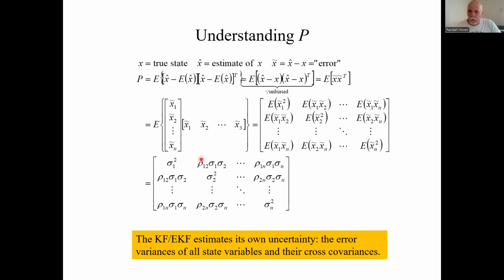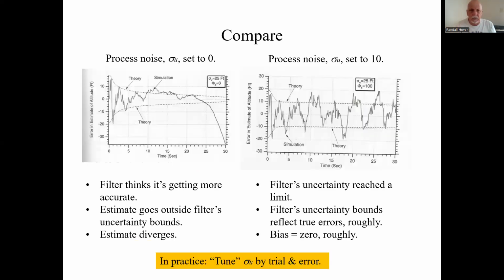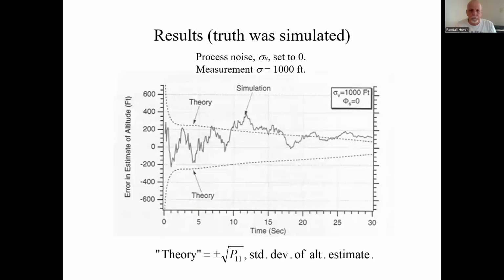And all these little rows are the correlation coefficients. So your P matrix of the Kalman filter is keeping track of all its estimated error variances of all the state variables and their cross variances. It's a total statement of how accurate the filter thinks it is. That's how we calculated these dashed lines from the filter itself.